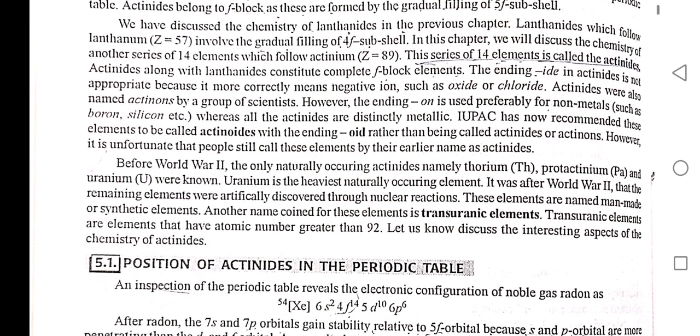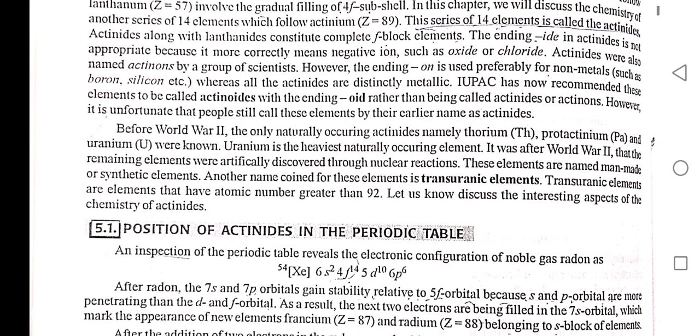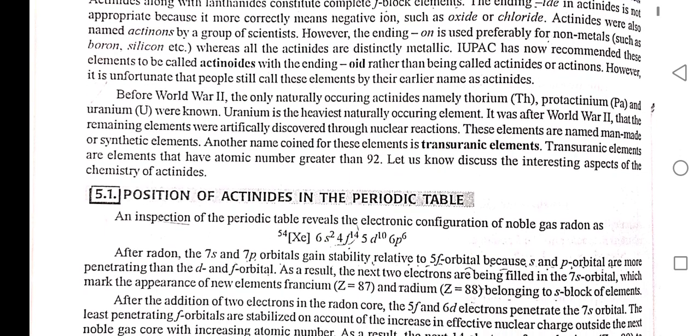Before World War II, only the naturally occurring actinides, namely thorium, protactinium and uranium, were known. Uranium is the heaviest naturally occurring element. It was after World War II that the remaining elements were artificially discovered through nuclear reactions.